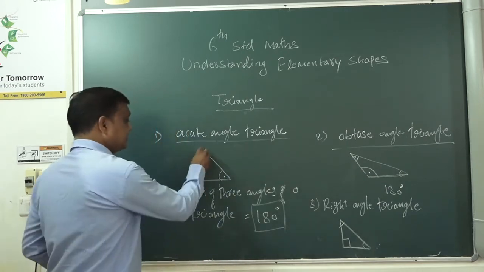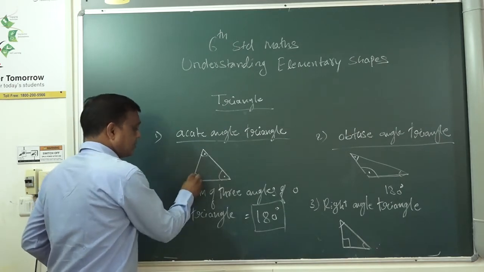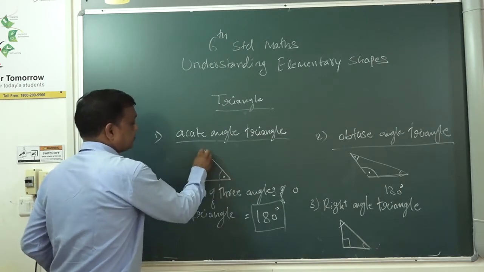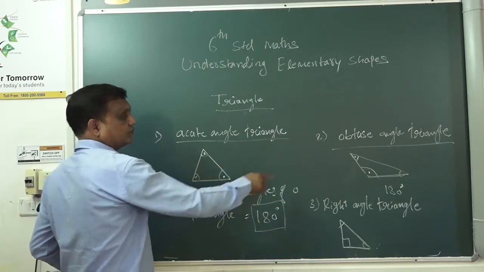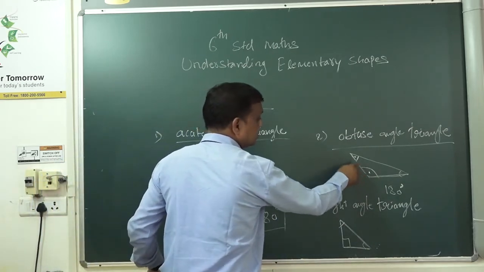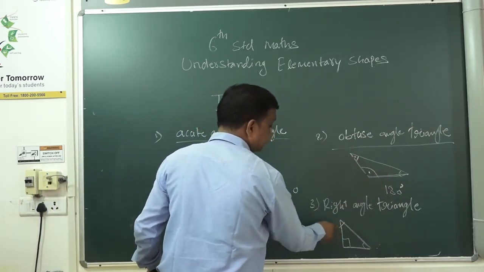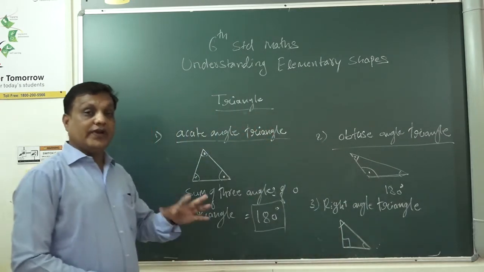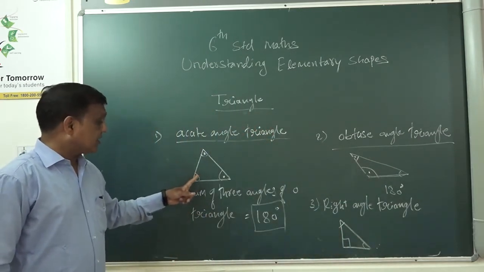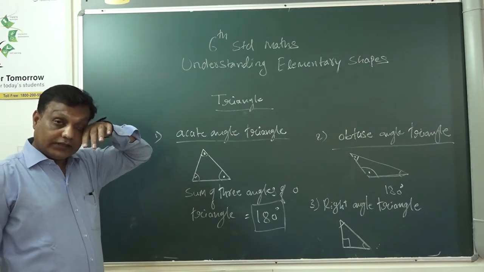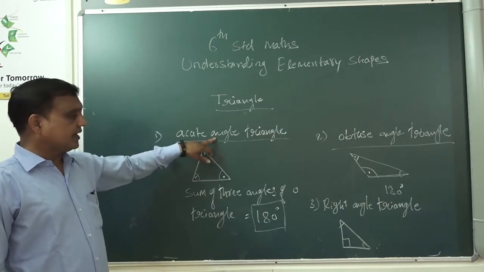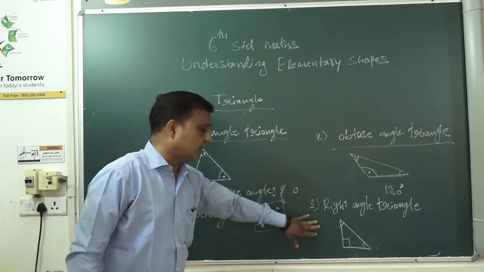We learned about the angles. This was acute angle triangle, this is obtuse angle triangle, and this is right angle triangle. When we are comparing the angles, we talk about acute angle triangle, obtuse angle triangle, and right angle triangle.